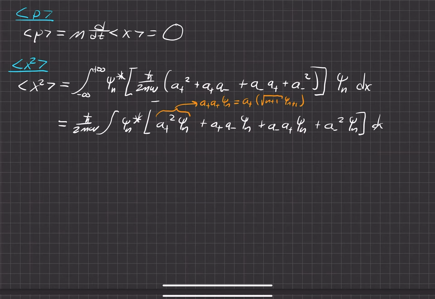Now, when we do that again, that raising operator right here can move through that constant and operate on that wave function. And so if we go ahead and move that square root of n+1 out of the way, it'll raise it to the next highest state, which is n+2, and then multiplies it by the square root of the state that it was raised to, n+2 here. So that is what this is equal to here.